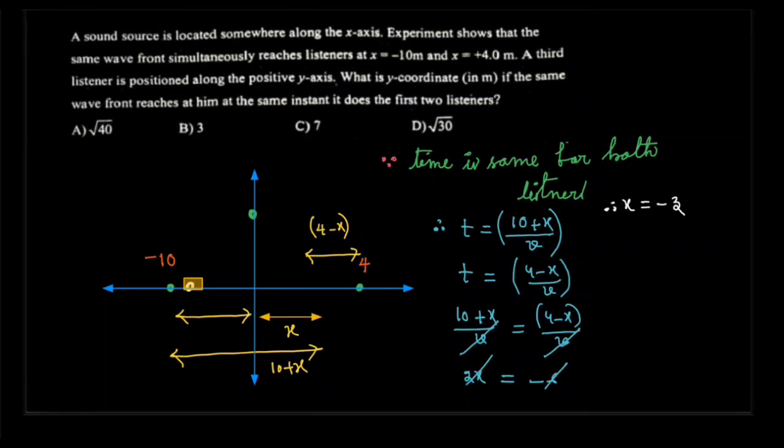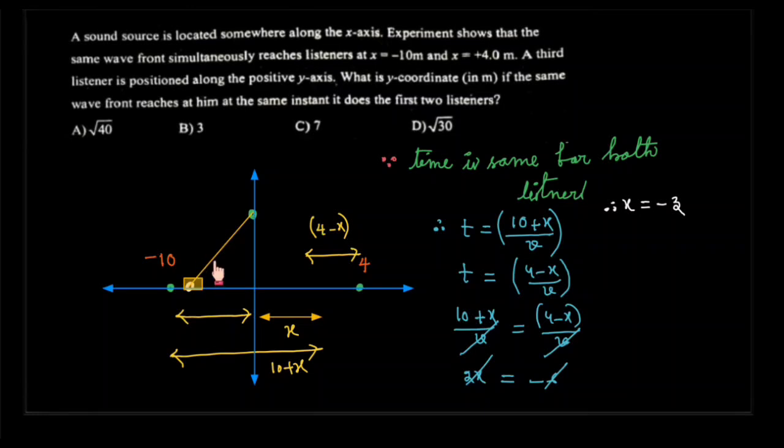What we need to do is calculate the distance from here to here. So now the sound is moving from here to here, and you know this distance is already 3.